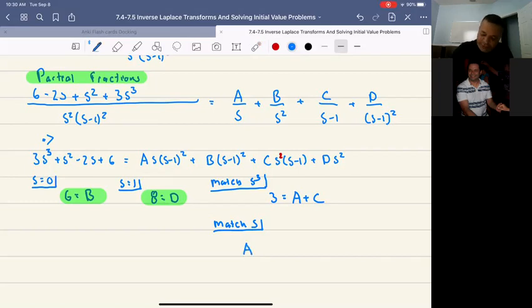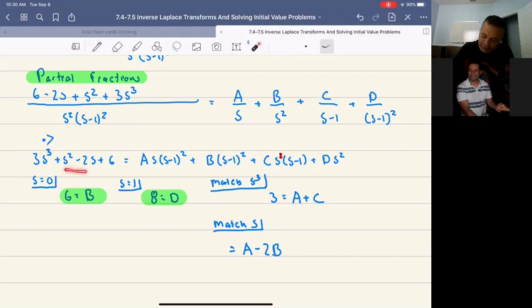Let's take a look at this one. s minus 1 squared is s squared minus 2s plus 1, so it's going to be a minus 2b there. The c term is not going to have any s terms, because this is just s cubed minus s squared, and that's just going to be ds squared.